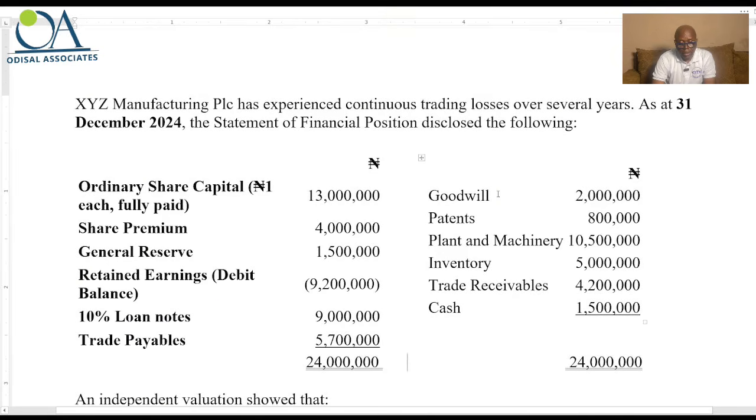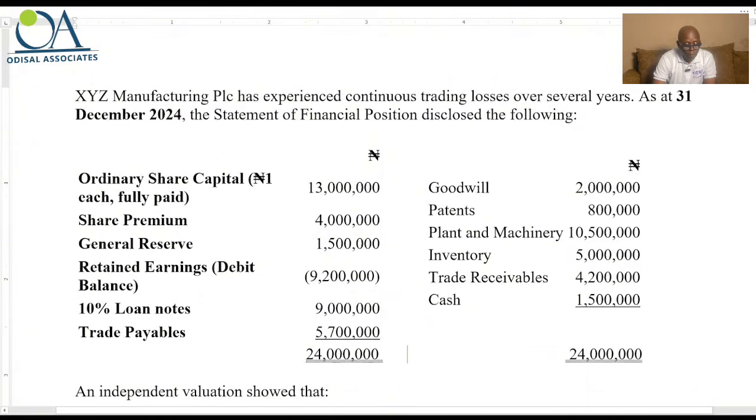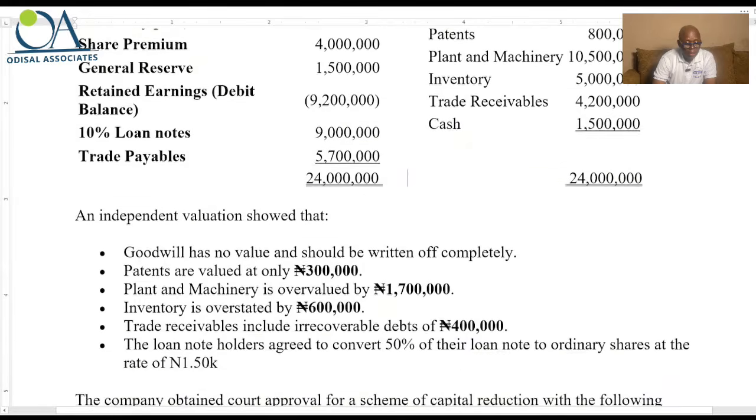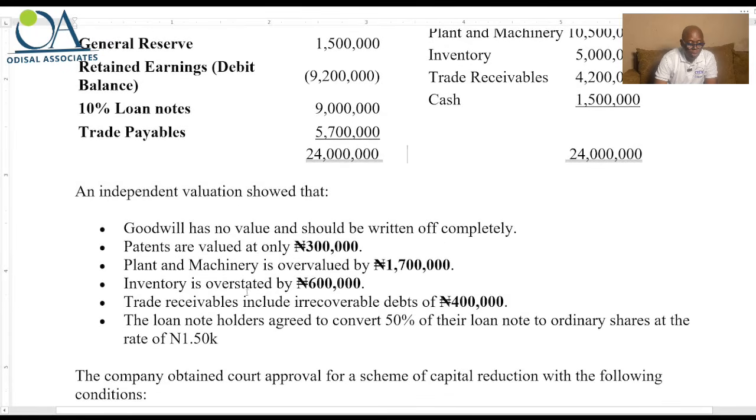On the asset side, goodwill 2 million. Patents 800,000. Plant and machinery 10,500,000. Inventory 5 million. Trade receivables 4.2 million. Cash 1.5 million. An independent valuation showed that goodwill has no value and should be written off completely.